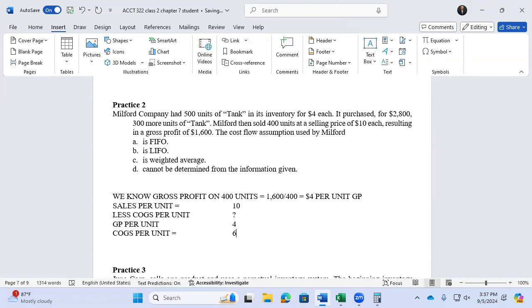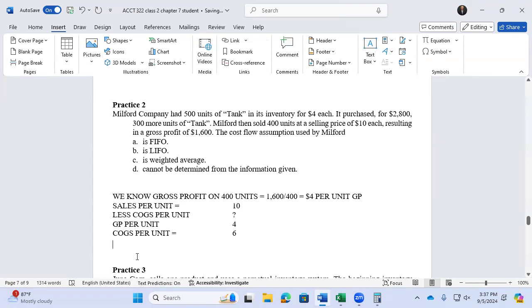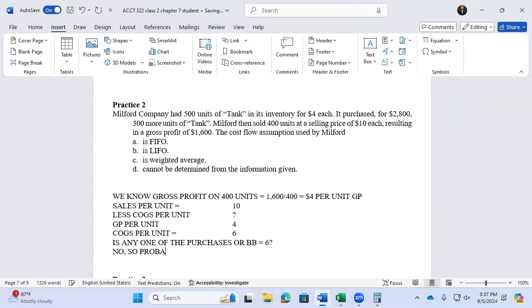So quick look: is any one of the purchases or beginning balance equal to $6? No. So probably not FIFO or LIFO.